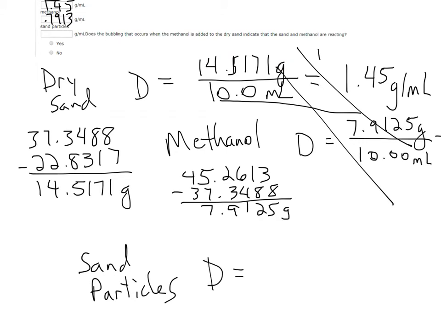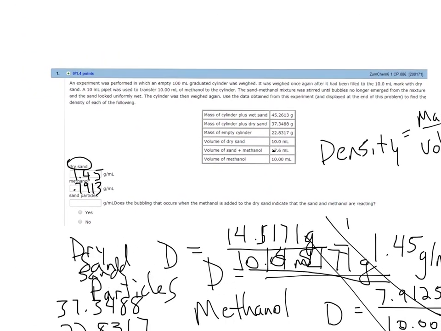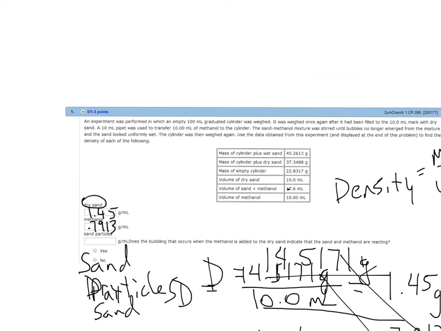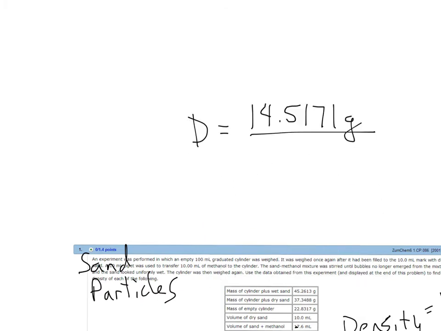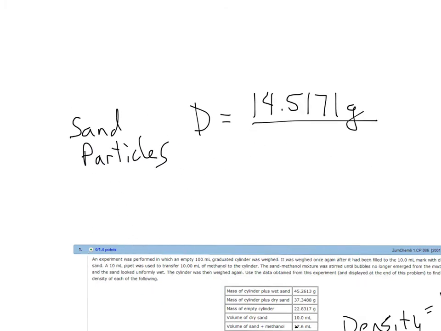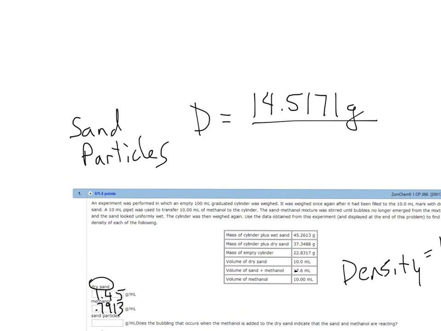The density would be 14.5171 grams. And then we need to look for the volume. Now there's two numbers we need to look for when considering the volume of the sand particles. Those numbers are the volume of the sand plus the methanol and the volume of the dry sand.